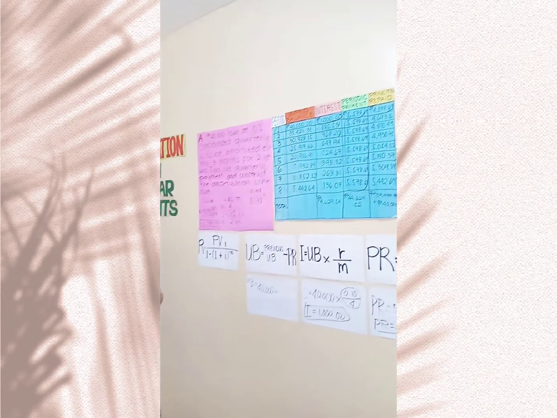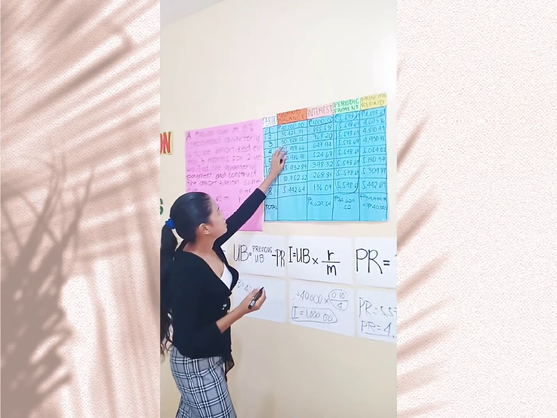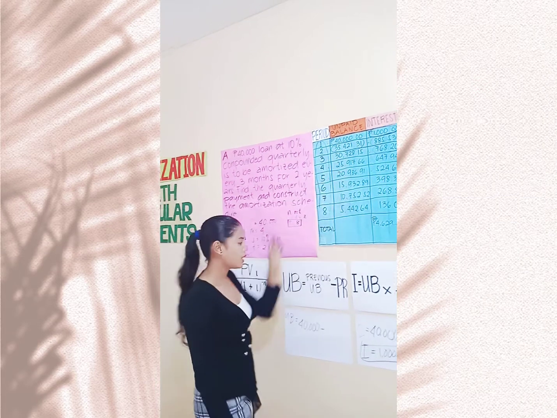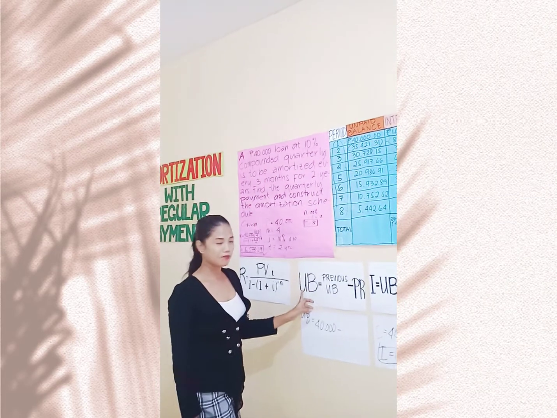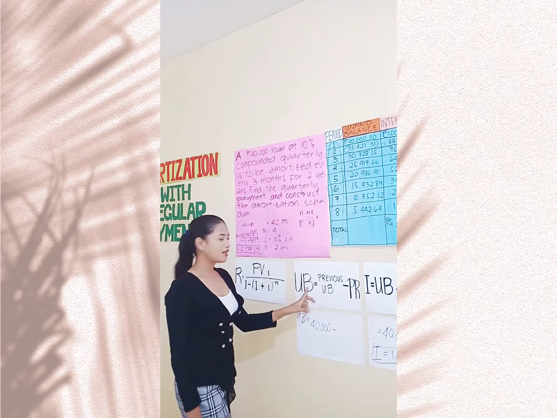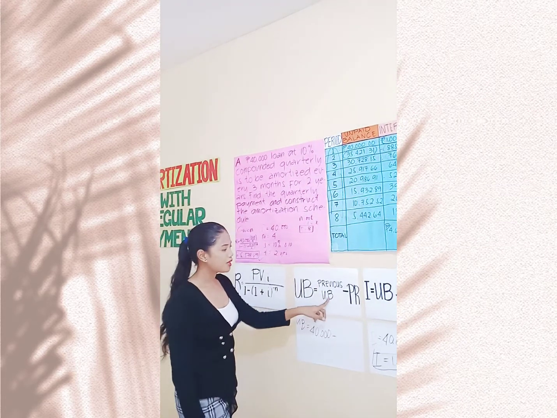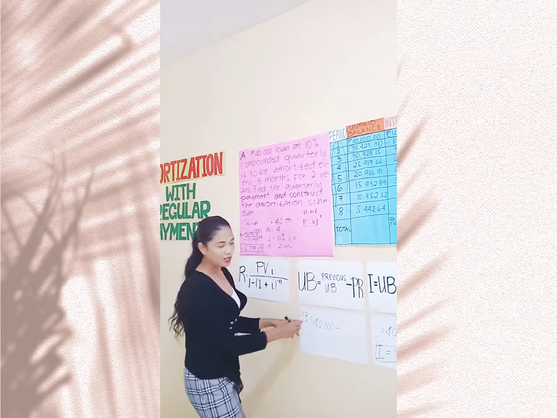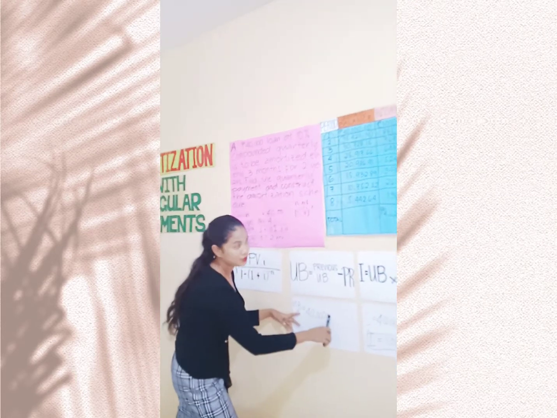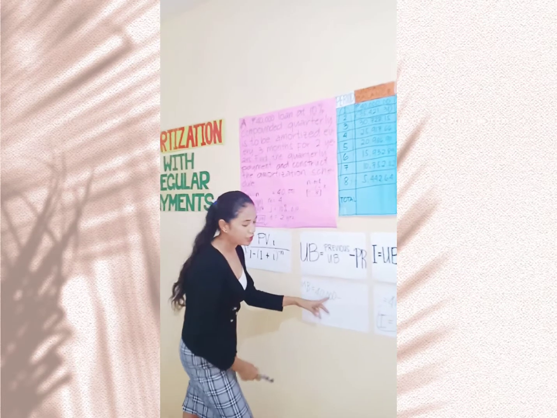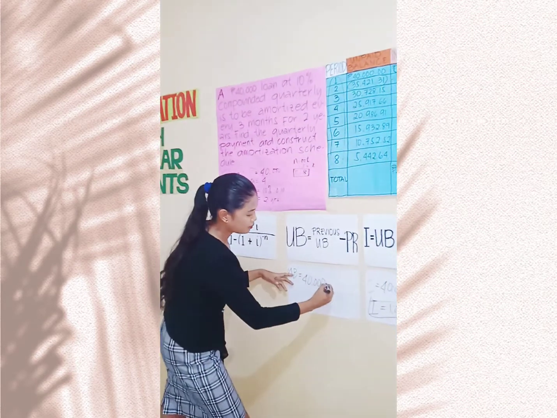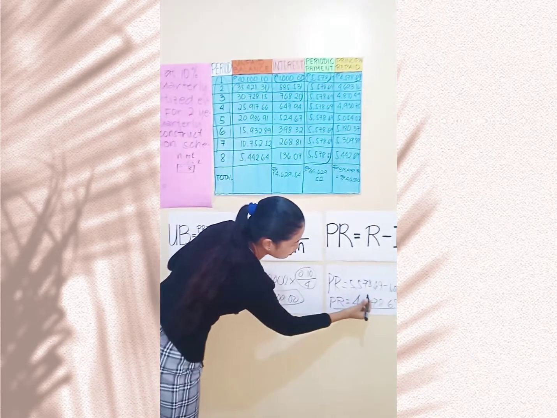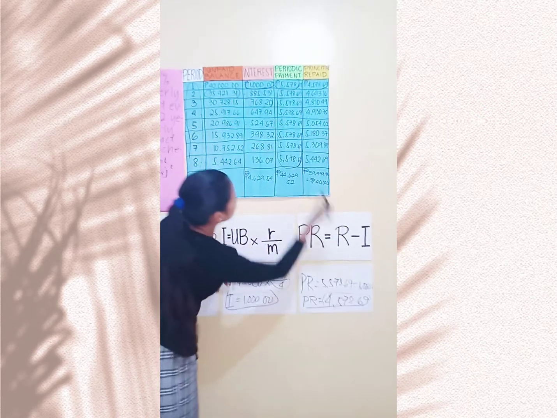And here, how do we obtain the unpaid balance? To obtain the unpaid balance on the second period, we use this formula: the unpaid balance is equal to the previous unpaid balance minus the principal repaid. So let's solve it here. Our principal value, since it is in the first period, is 40,000 minus the principal repaid of 4,578.69 on the first period.